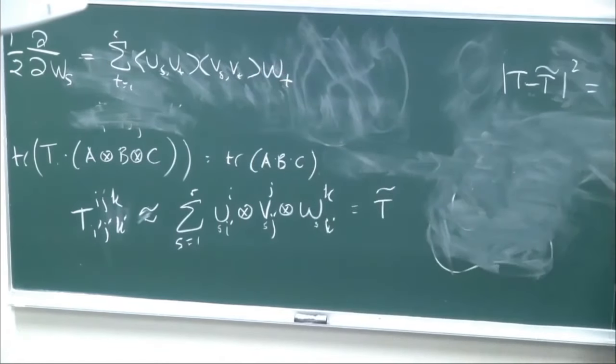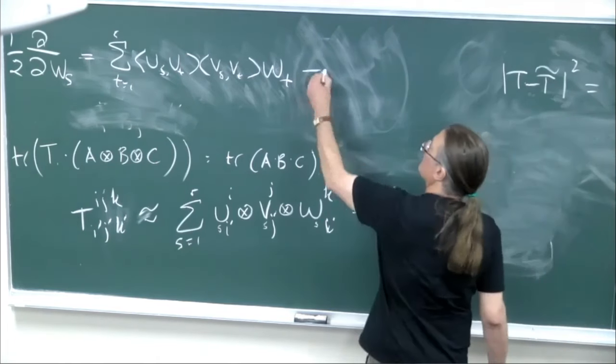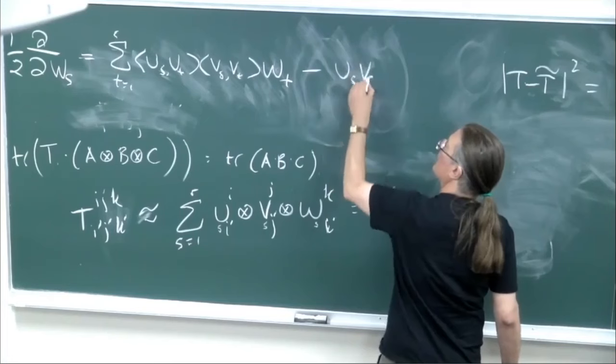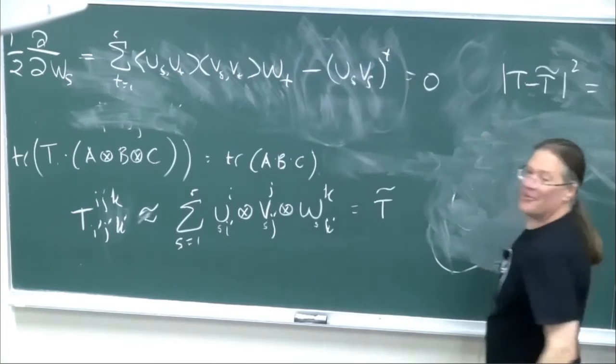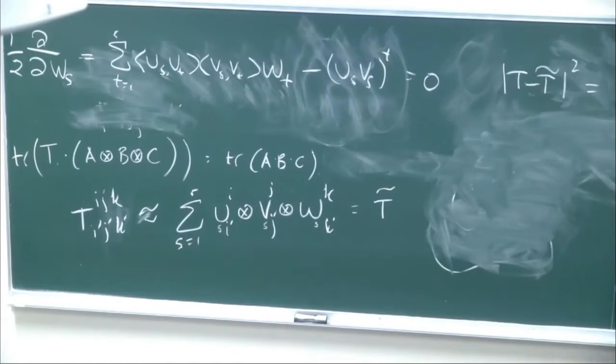And then from this term, by the same argument, this is the inner product of US VS transpose with WS. And so the derivative of this is just that. And let's say I'm trying to set this equal to 0 to minimize this function.